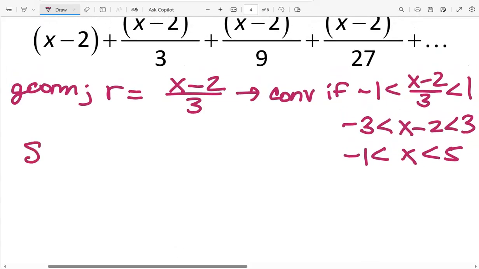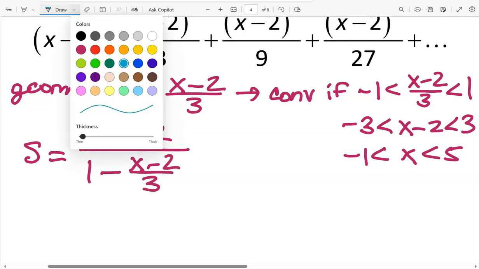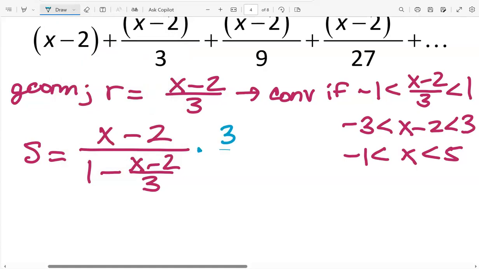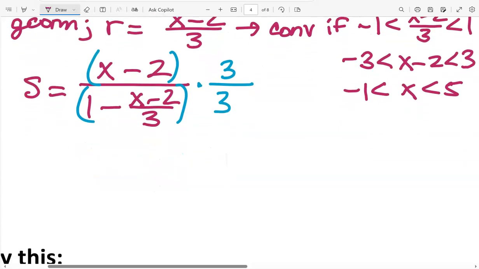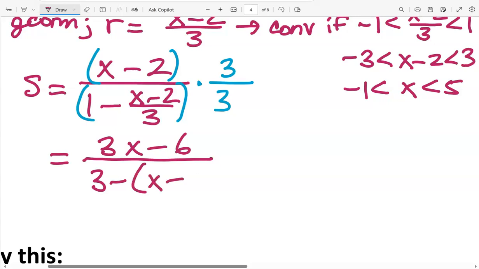And the sum of this convergent series is the first term divided by 1 minus the ratio, which is x minus 2 divided by 3. Nobody likes a complex fraction, so we're going to multiply by 3/3 to clear any fractions within the fraction. And doing that multiplication, we get 3x minus 6 on the top of the fraction. On the bottom, we get 3 minus the quantity x minus 2.